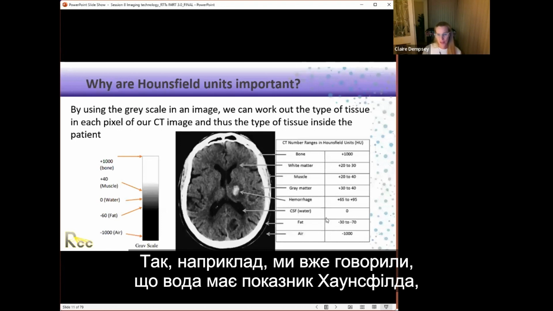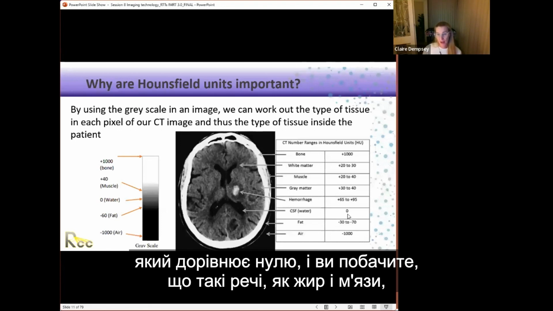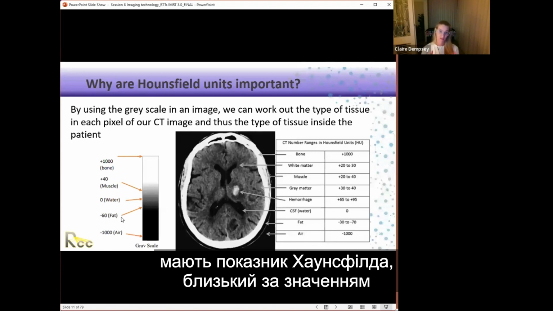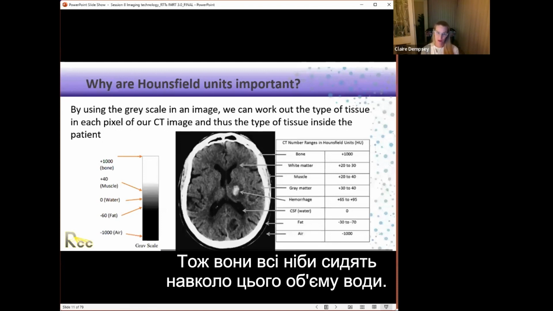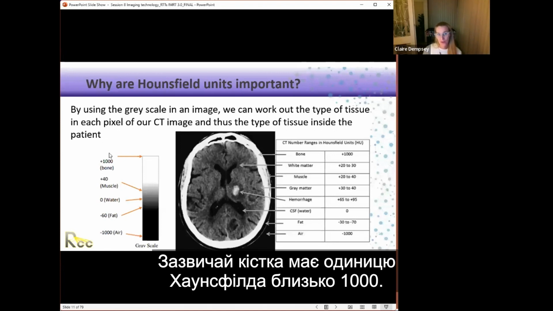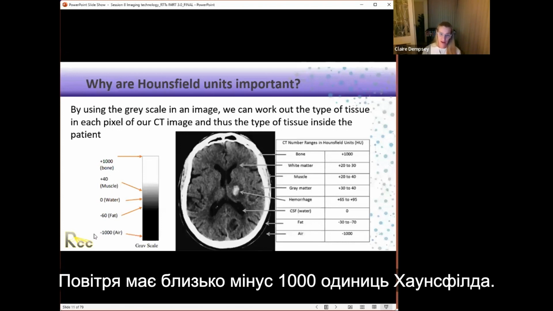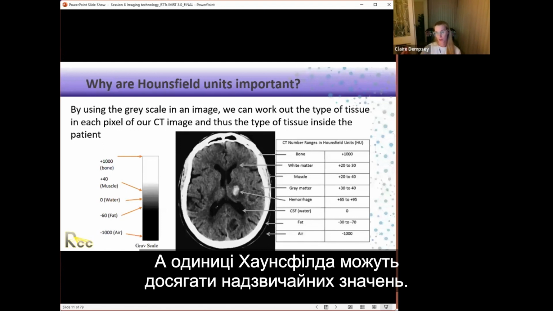So for example, we've already said that water has a Hounsfield unit of 0. And you'll see that things like fat and muscle have Hounsfield units not far off water. So they're all sitting around that water value. Bone usually has a Hounsfield unit around about 1,000. Air has a Hounsfield unit of about -1,000, and Hounsfield units can go up to extraordinary numbers.